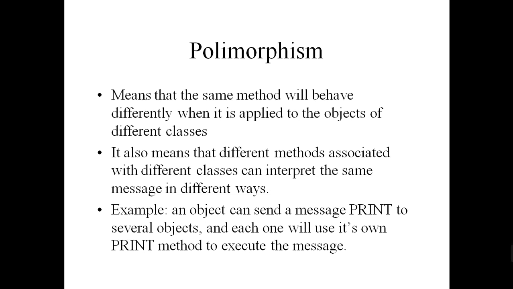There are two types of polymorphism: runtime polymorphism and compile time polymorphism. In runtime polymorphism, the example is dynamic binding. For compile time polymorphism, the example is static binding.